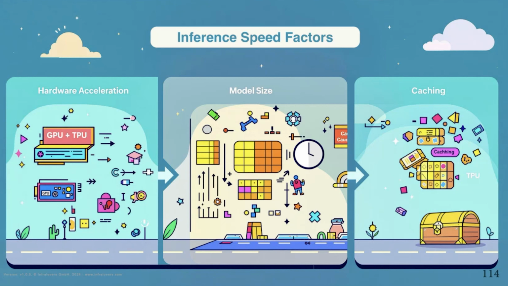Then there's the model size, because smaller models generally provide faster inference times, and while they may sacrifice some accuracy, they're often more practical for real-time or, let's say, resource-constrained environments. And I've already talked a little bit about quantization, which involves reducing the precision or the length of the model's parameter weights, such as converting them from, let's say, a 32-bit integer to only an 8-bit integer.